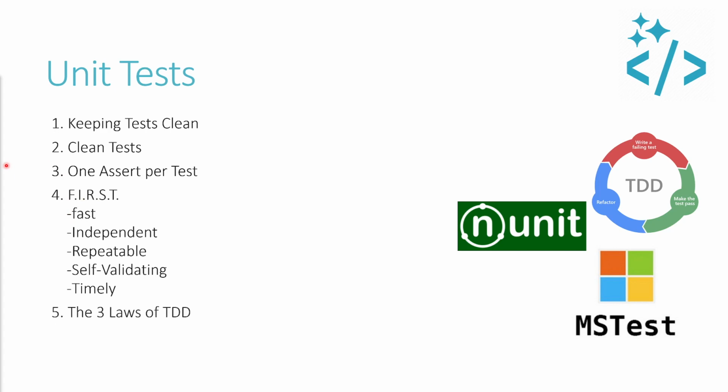And we also have these three laws of TDD. First of all, we should write a failing unit test, make the test pass, and then we can refactor our code base.